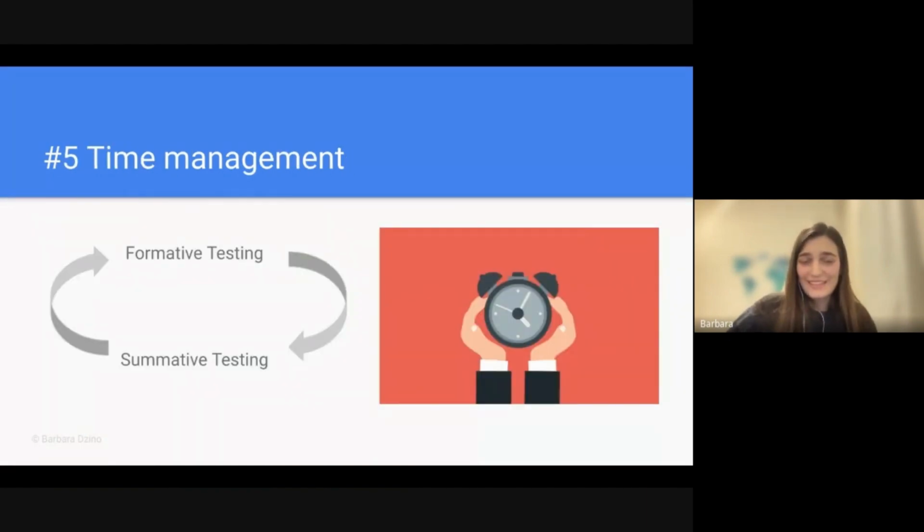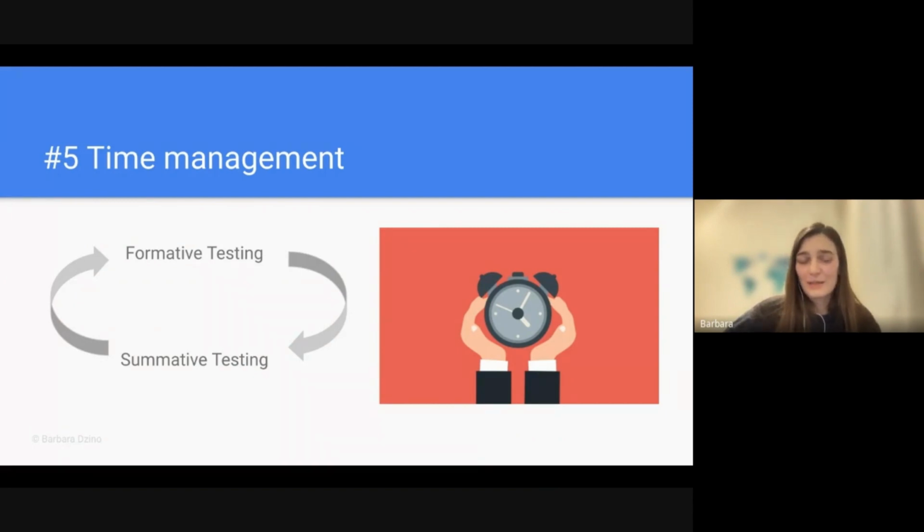And the last one, time management. Formative testing with internal people is great. But when you're very confident and you work in sprints and you think, I want to get this done, I want to ship it, I want to get it out there, don't schedule summative testing close to formative testing, because there will be kinks. You always need to figure stuff out.